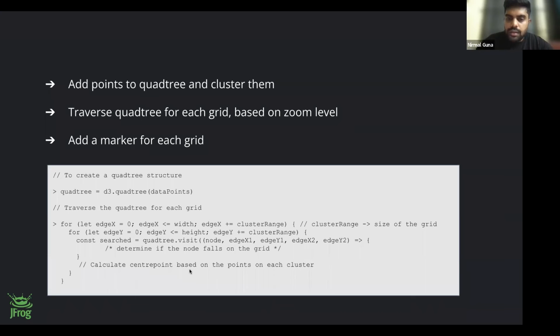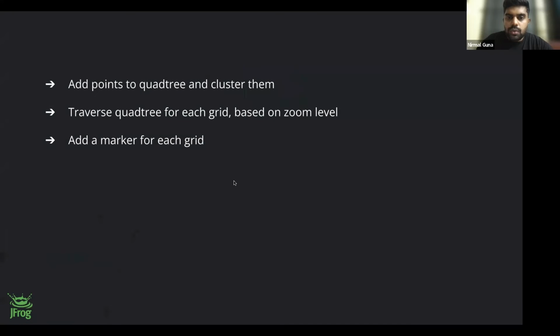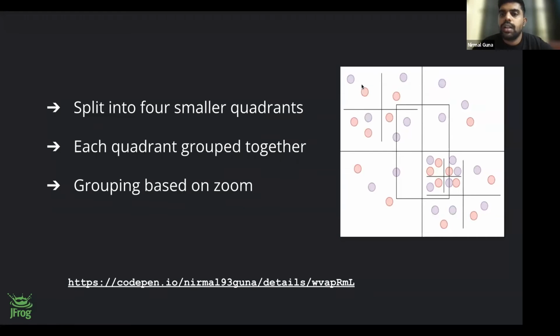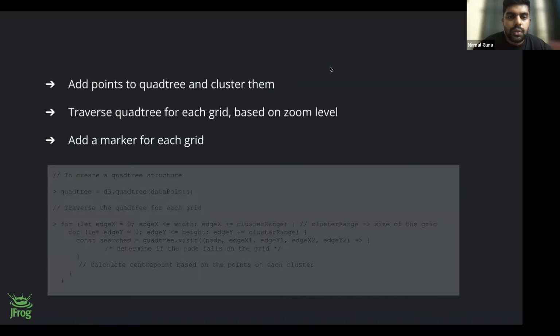No, basically, let me go back to the square. So let's see this as one quadrant, right? If you are in zoom level 1, I mean 1x, then this will be one grid. So edge x is nothing but, let's get to the code.